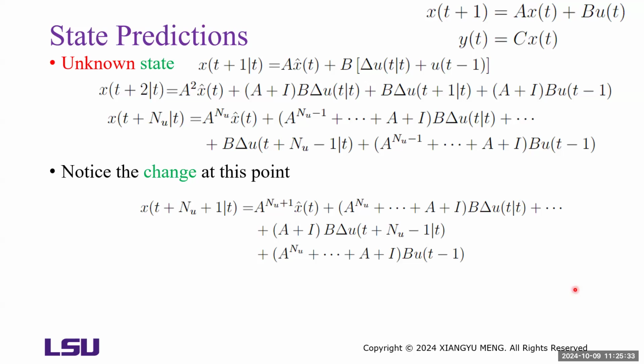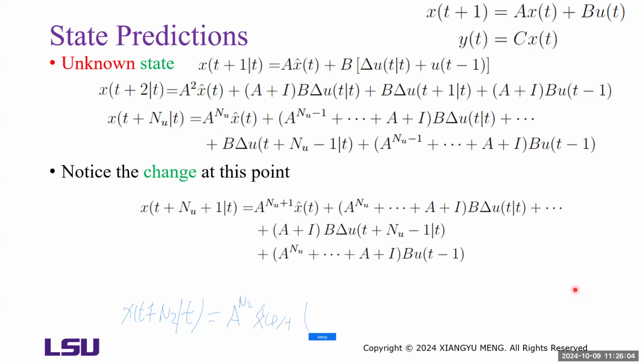We know this x t plus n2 condition on t will be, for t plus n2, a power of n2 times x hat t.